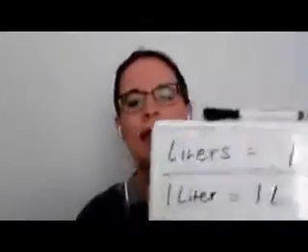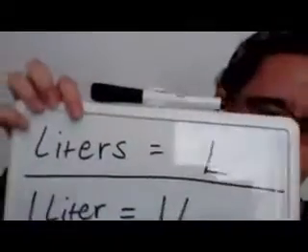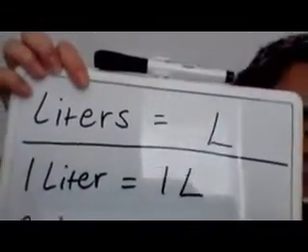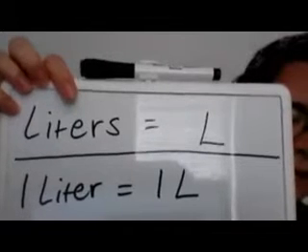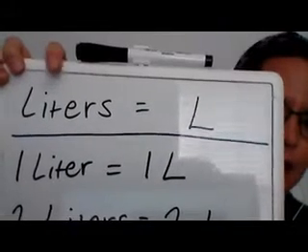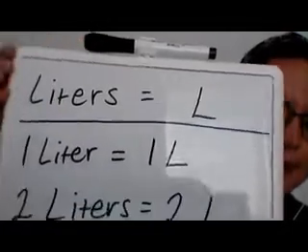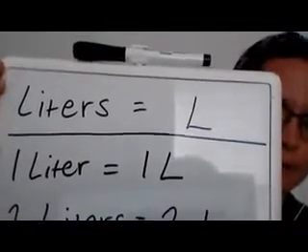So let's take a look here at my board. The word liter. Can y'all see that? Yes, ma'am. Okay, do y'all want to try spelling it? L, I, T, E, R, S, if we're talking about more than 1 liter.